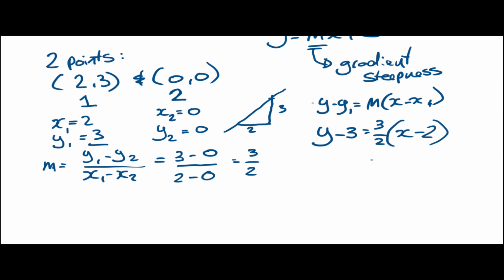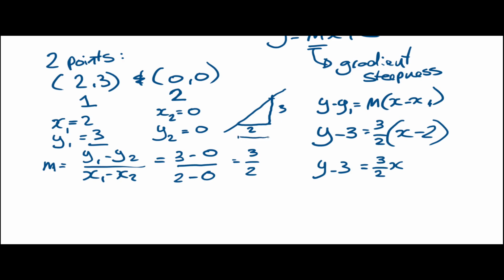And now we're almost there. Now it's no longer a graphing problem. Now it's an algebra problem. So I'm going to keep that -3 there for now, but I'm going to expand out this bracket. So 3 over 2 times x, and I'm going to leave it in this form here. I'm going to leave it as an improper fraction because that's actually more useful in our case, because that tells us straight away what the gradient is.